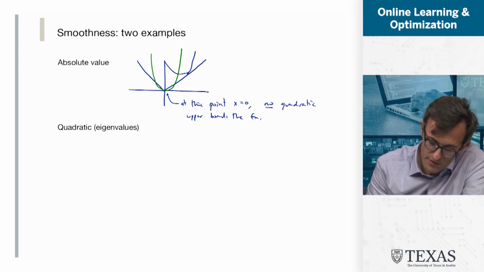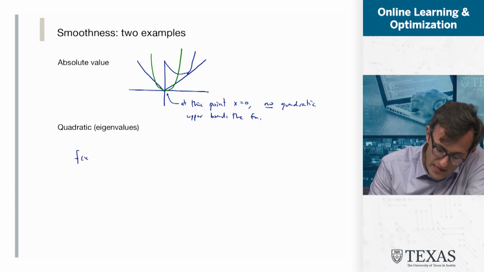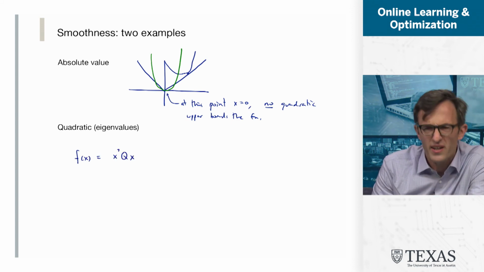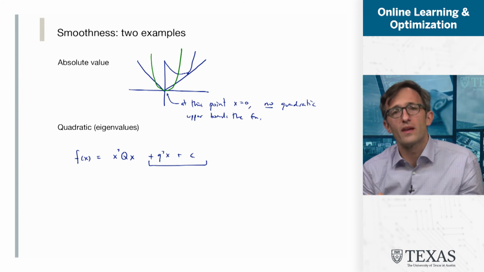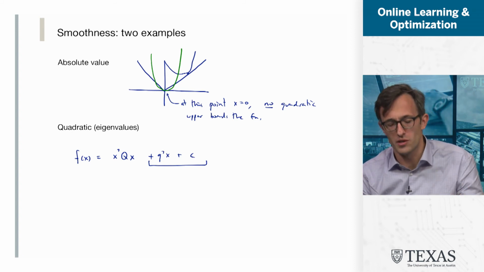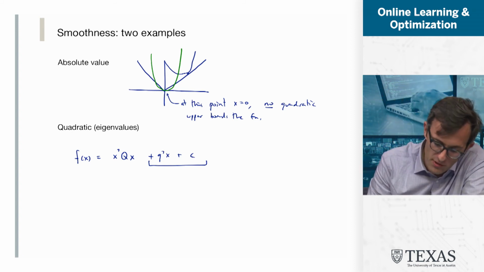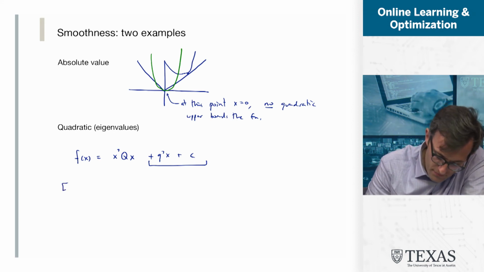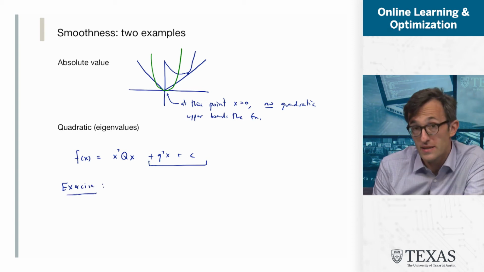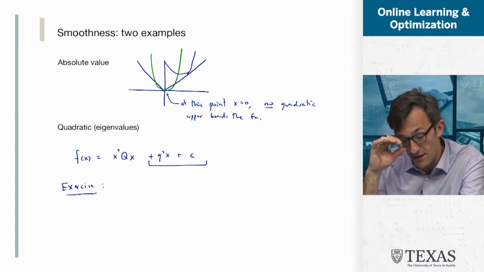It's also worth going back to another very simple function we've looked at, the general quadratic, f of x is equal to x transpose Qx. We could add a linear term and a constant term here, but these don't change anything about the curvature, which is really what we're talking about here. So what is the smoothness parameter? I'll leave this to you as an exercise, though really it's a direct application of what I said on the previous slide about the Hessian.